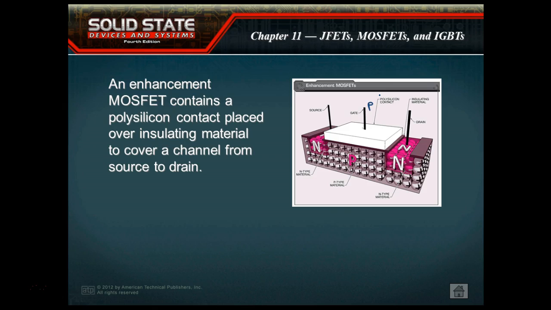But what we're doing here on this MOSFET is we're going to put a P on the gate. Well, a P has a positive charge. So this guy right here, I have a big positive charge. And what does an N have? It has a negative charge. So it's going to cause these electrons to migrate in the channel.